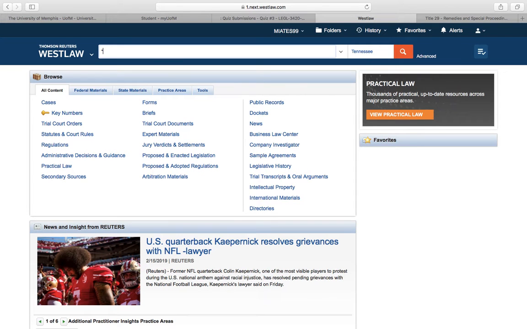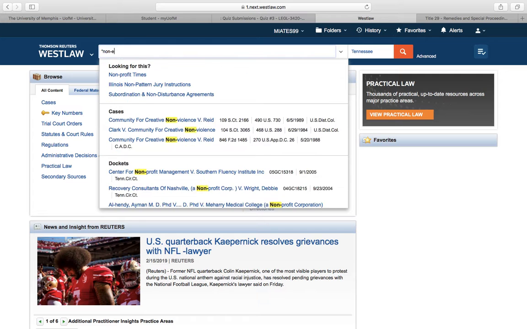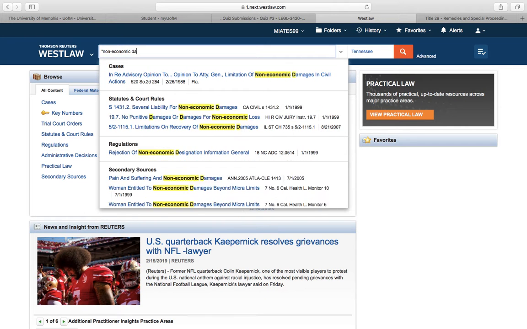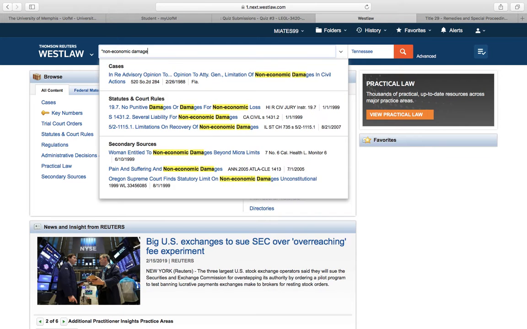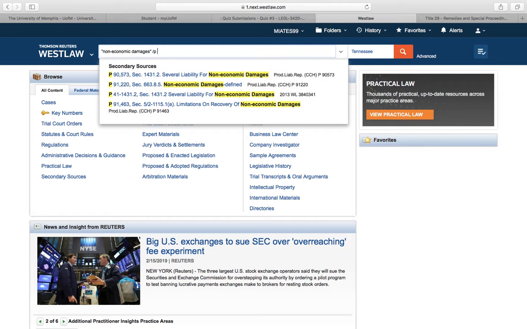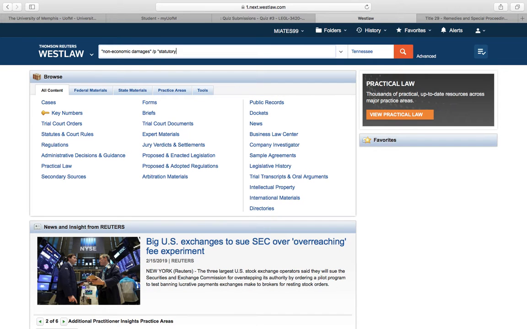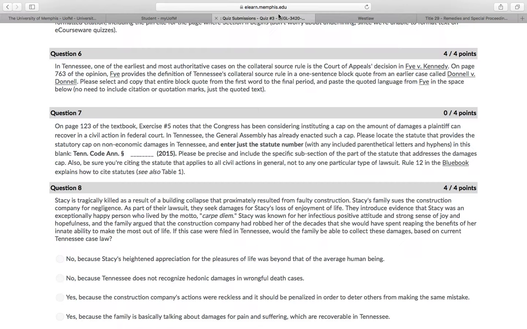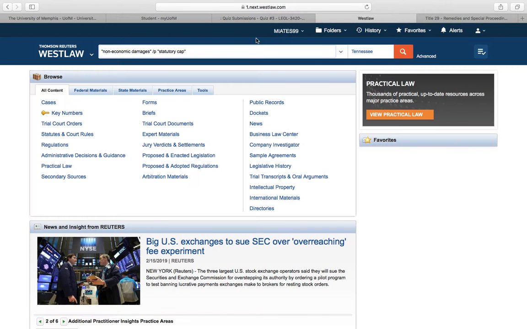Then I would put in non-economic damages within the same paragraph as, let's say, statutory cap. And then let's try within the same paragraph as civil action.